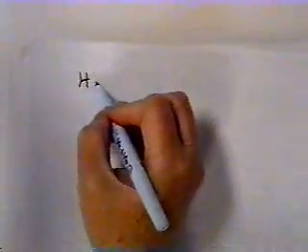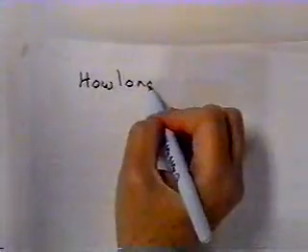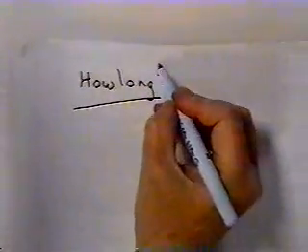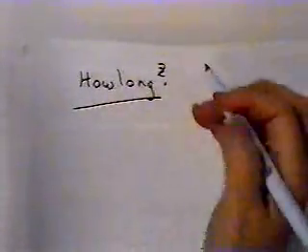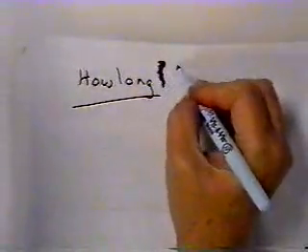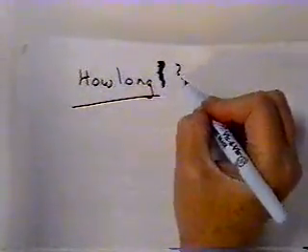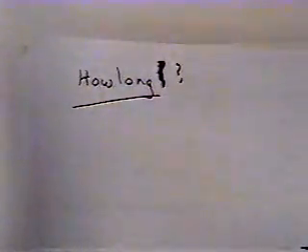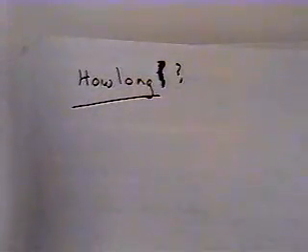Okay, now number 9 is a different type of problem where it asks you how long. The rest of the problems told you how long to run it, so you had to decide what to set it at. Well, this time it tells you to set it at 60 drops per minute, but it wants to know how long it's going to take.